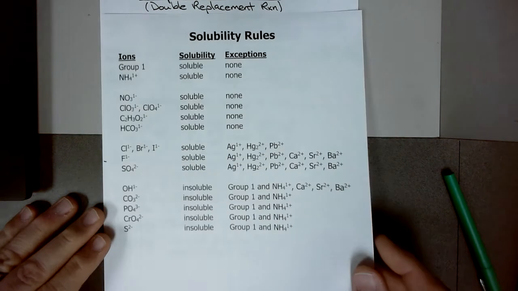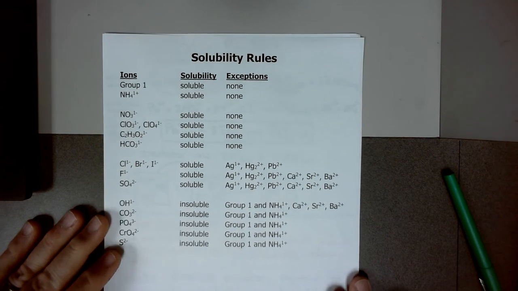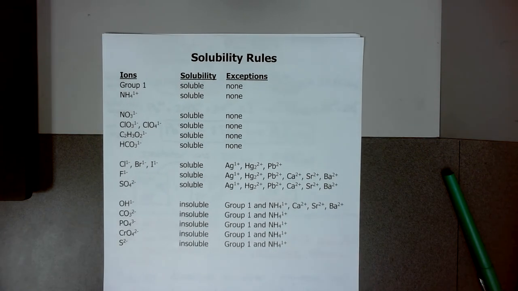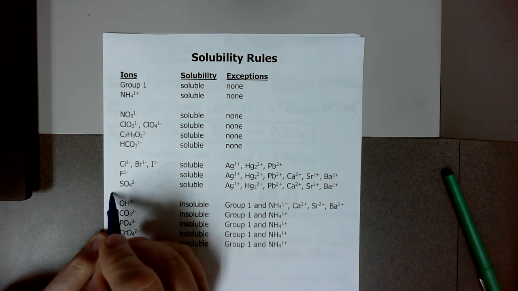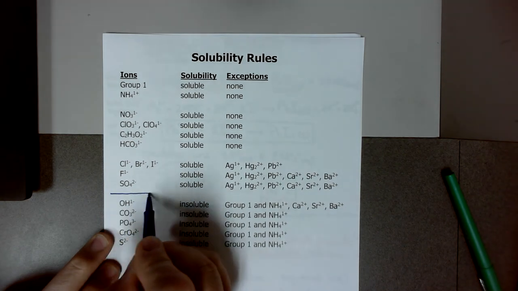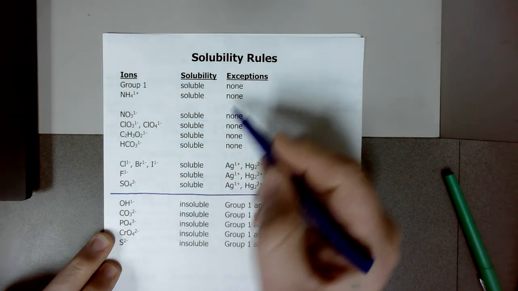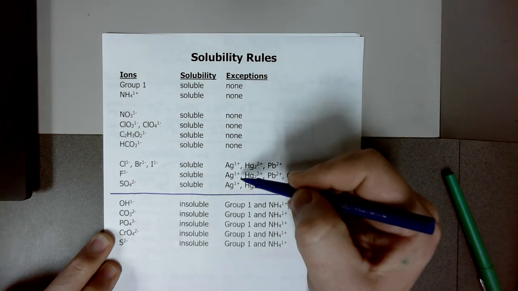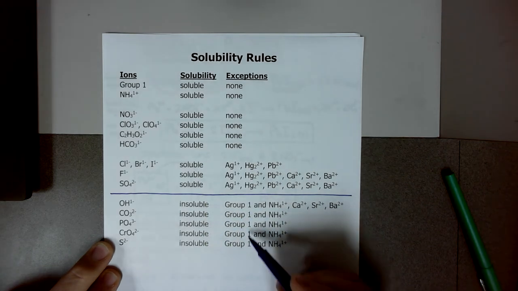This is one that I have available, and you'll notice here that I've got it set up where we see everything above here. So I'm going to draw a line here. All of these ions up here are soluble unless there's an exception, okay? And then all of these are insoluble unless these are the exceptions.